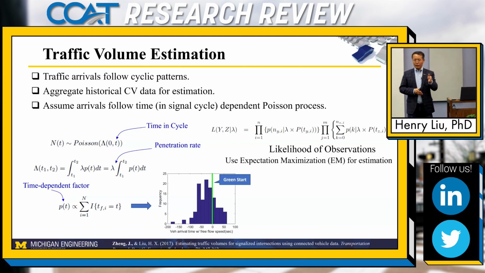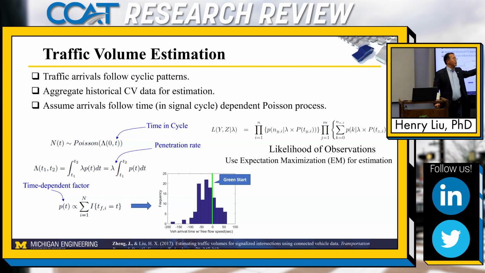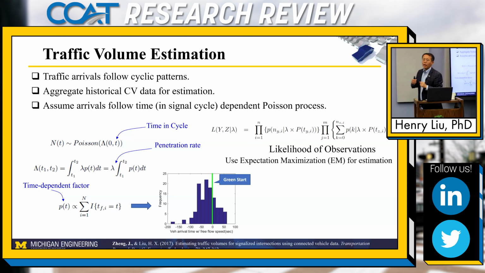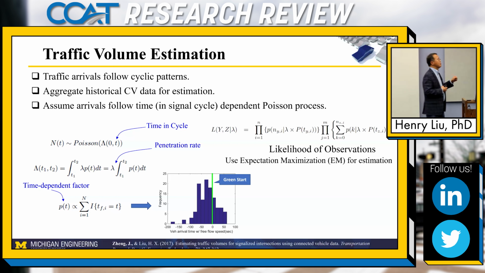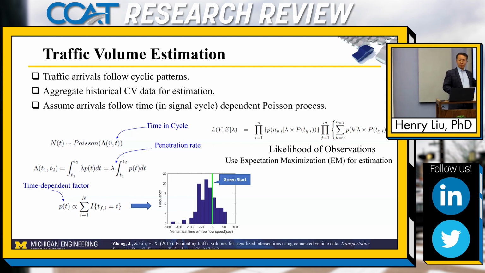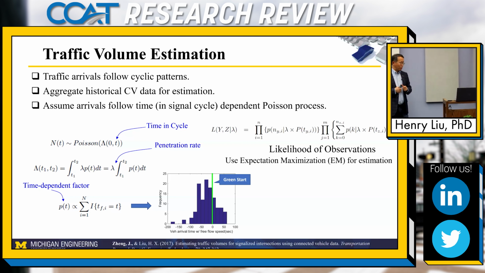Some arrive and stop, and some pass through the intersection. With that, we can write down the likelihood of the observation for each vehicle arriving at the intersection. Then we use maximization of the likelihood to estimate the penetration rate, and with the estimated penetration rate, we are able to estimate traffic volume.